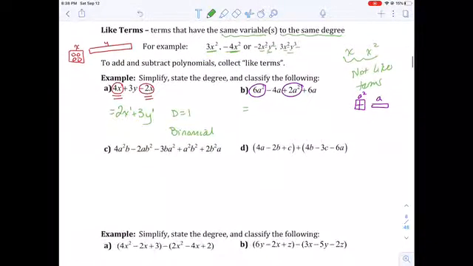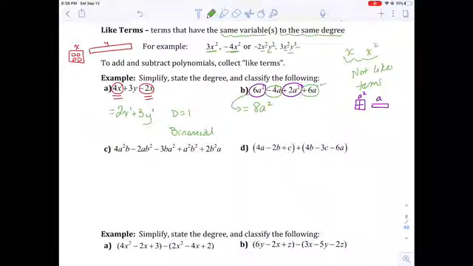What that basically means when we're simplifying is this next row is equivalent to that above. 6a squared plus 2a squared, well, that's 8a squared. And I gave away 4 of my a's, but I kept 6. So if I bought 6 and gave away 4, then I'm up 2 a's. And of course, the degree here is 2 because my highest degree is 2. That's a 2 and that's a 1. And that's a binomial.